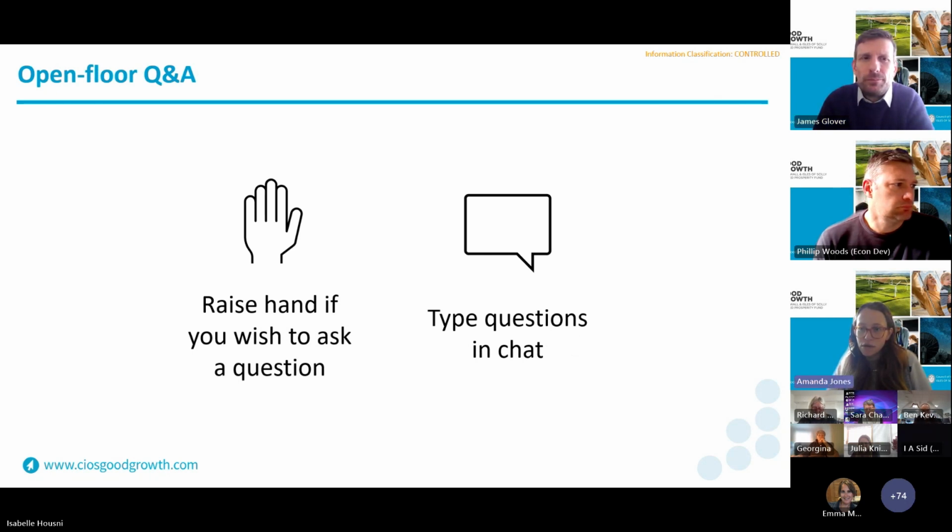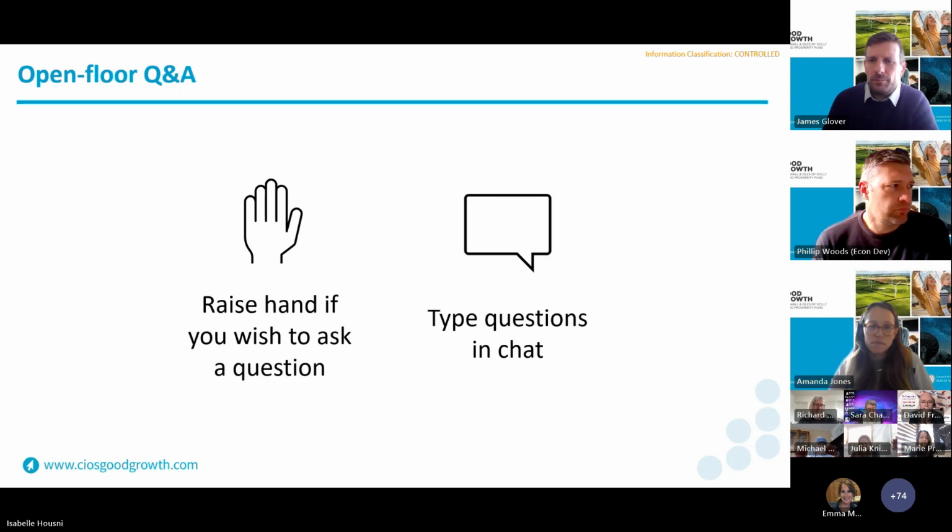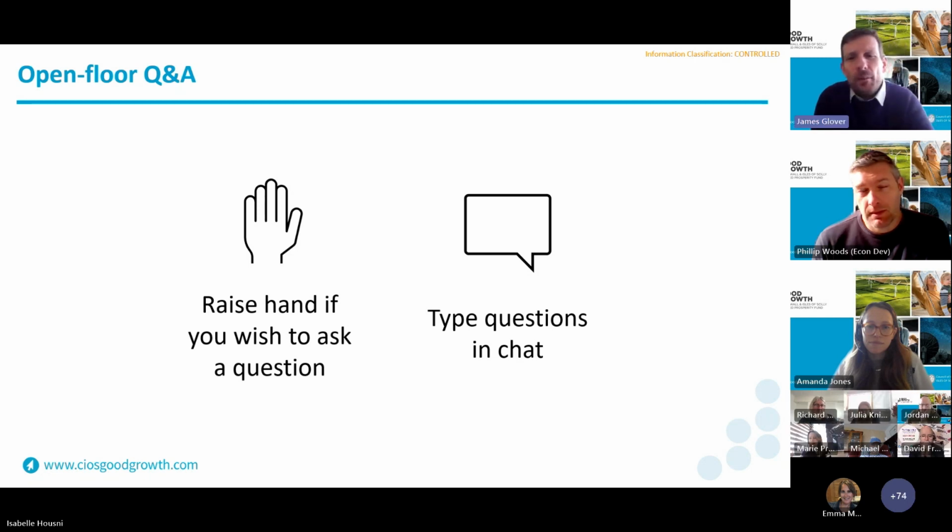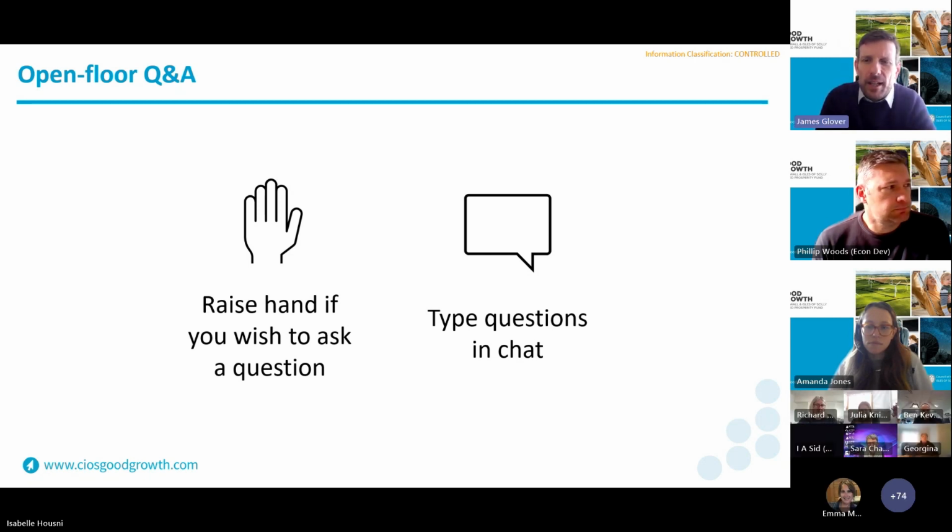Can a variation be made to increase the project grant bid to include the evaluation cost? So what we'd say there is, if it hasn't been included yet, you can make a variation.